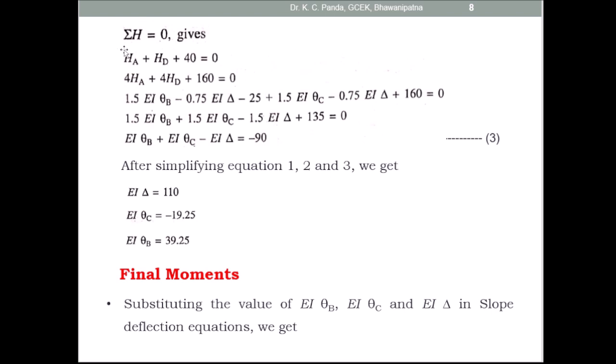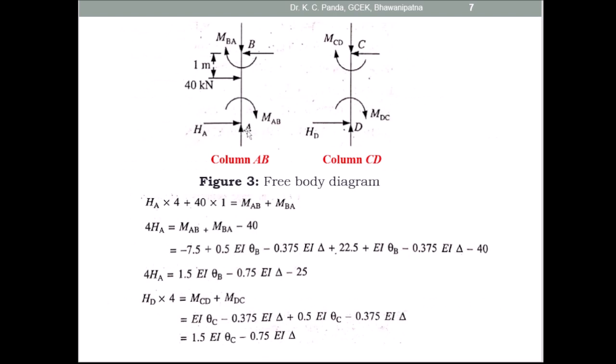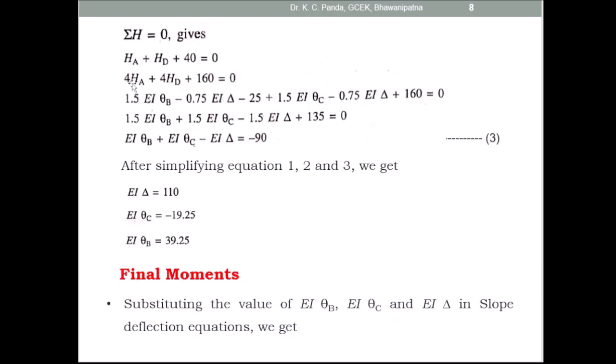Then you take the sum of the horizontal shear equal to 0. Here this is the horizontal shear at A, this is the horizontal shear at D, and this is the horizontal load which is acting on the vertical member. So HA plus HD plus 40 is equal to 0. Then you multiply by 4: 4HA plus 4HD plus 160 is equal to 0.